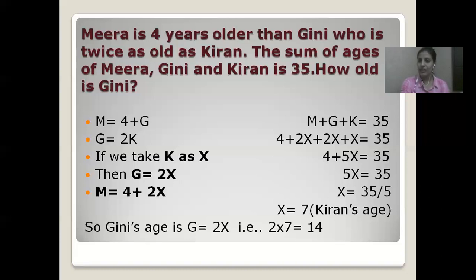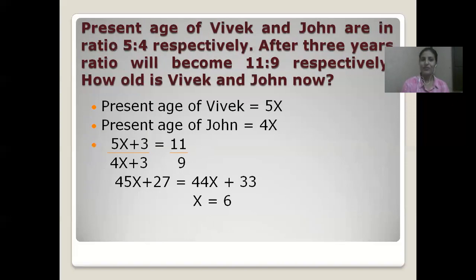So let's have a look at another problem too. Present ages of Vivek and John are in the ratio 5:4 respectively. After 3 years, the ratio will become 11:9 respectively. How old are Vivek and John now? So keep in mind before solving, when you come across ratio problems, the ratios are always treated as fractions.